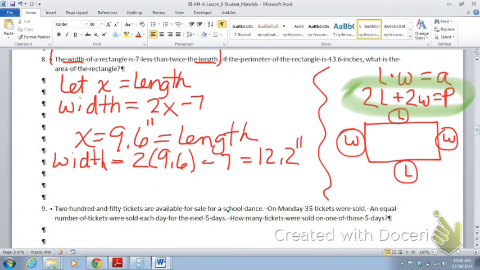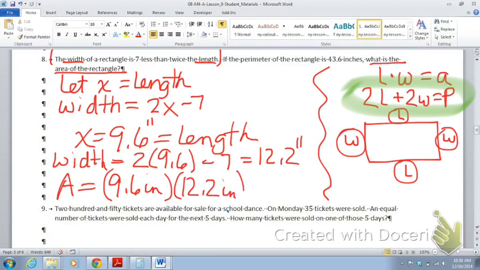But that's not what I've been asked to find. The question here that I'm looking for is, what is the area of the rectangle? So I got to take it one step further. The area is going to be 9.6 inches times 12.2 inches.